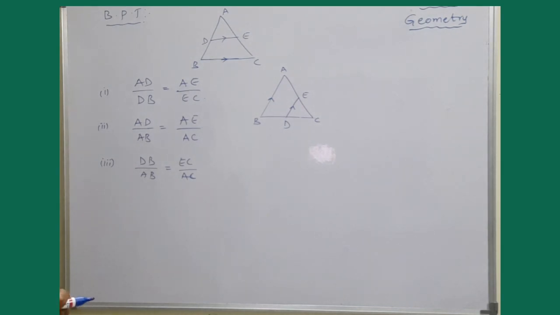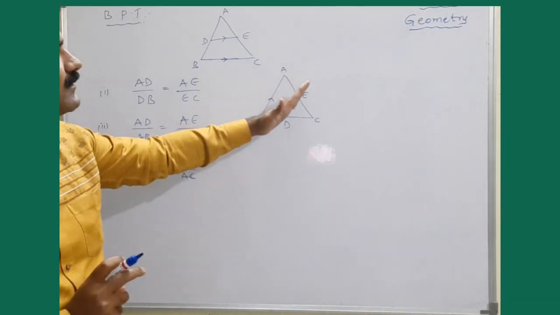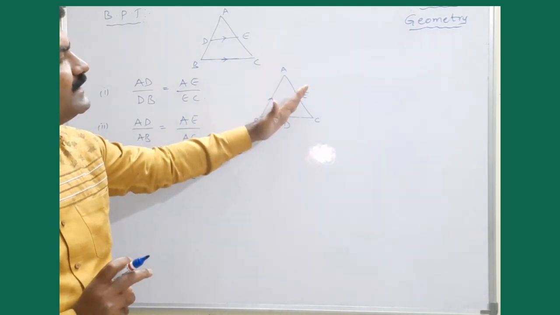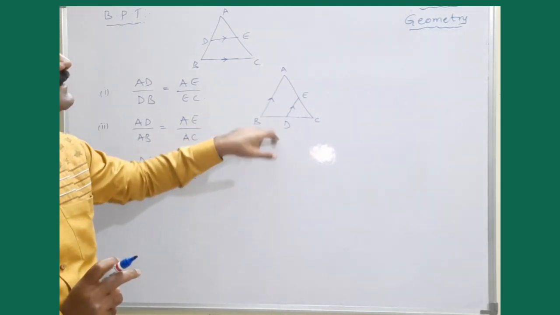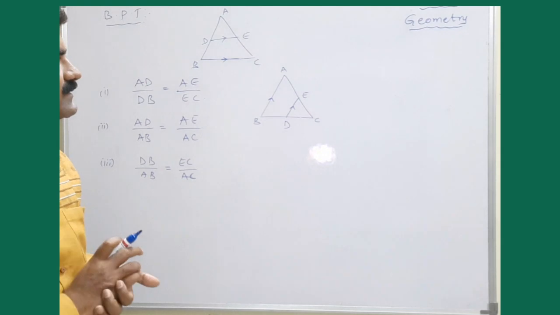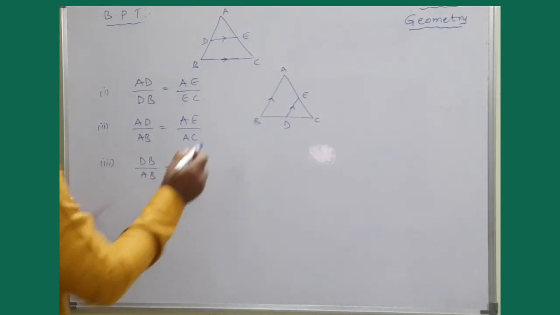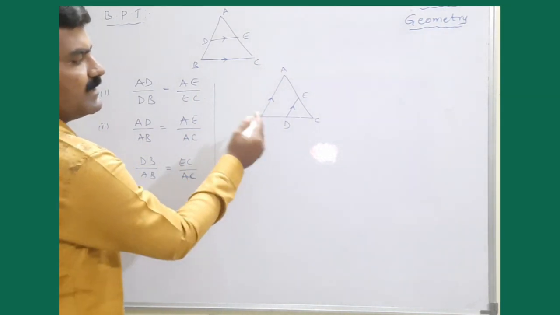Even though, BPT is applicable here, because a line is parallel to the third side and dividing the other two sides in two distinct points, hence it divides the other two sides in the same ratio.